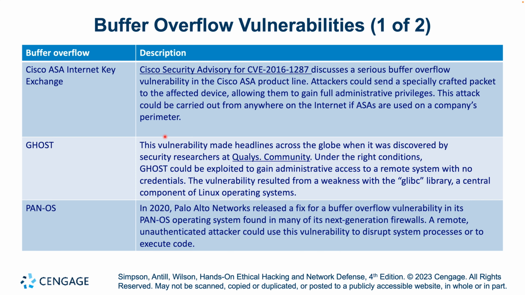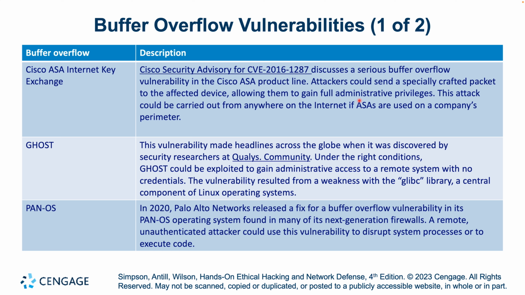Now, I want to show you an example of a buffer overflow vulnerability. We're going to take the Cisco ASA Internet Key Exchange vulnerability, which was released back in 2016. It discusses a serious buffer overflow vulnerability in a Cisco product line. Attackers could send a specially crafted packet to the affected device, allowing them to gain full administrative privilege.